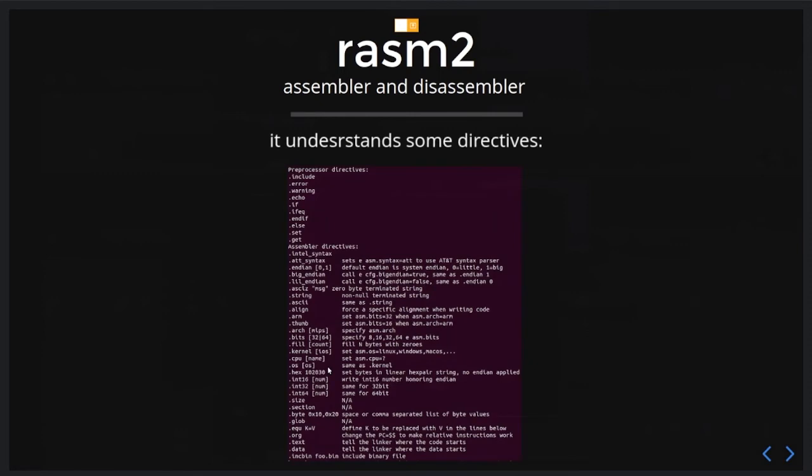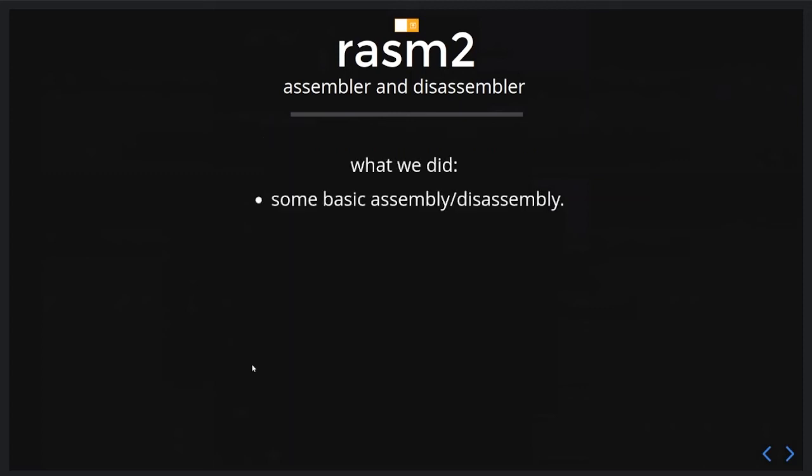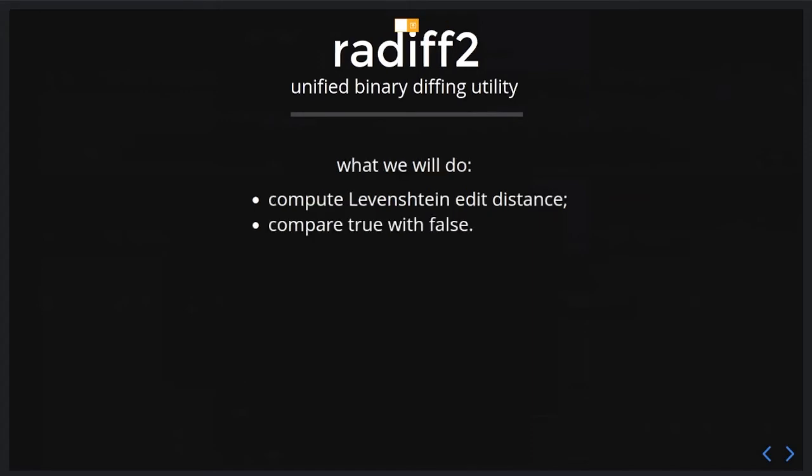It understands some directives, probably it's not visible. So you can write some shellcodes. You can write some big programs in assembly and then assemble it. What we did, some basic assembly and disassembly.